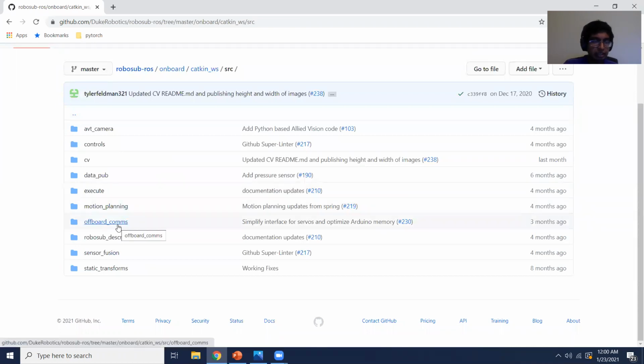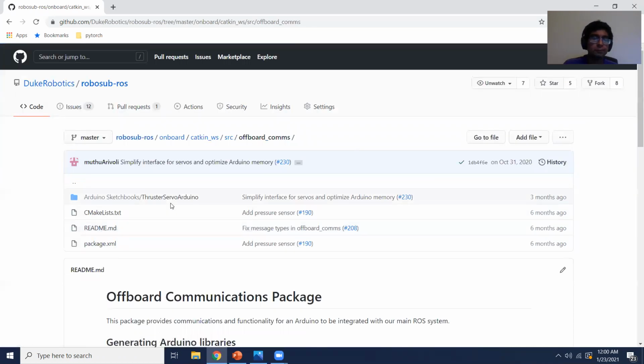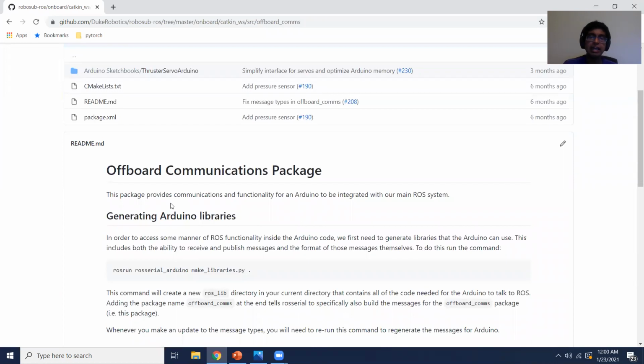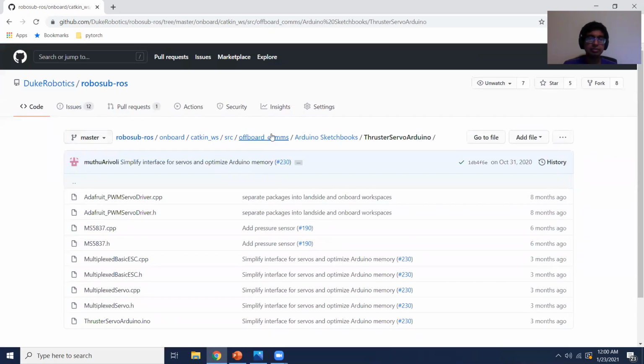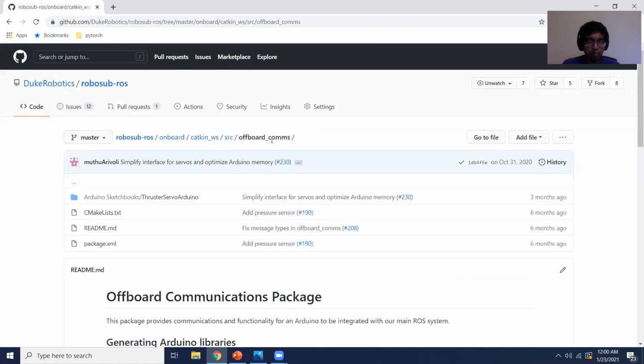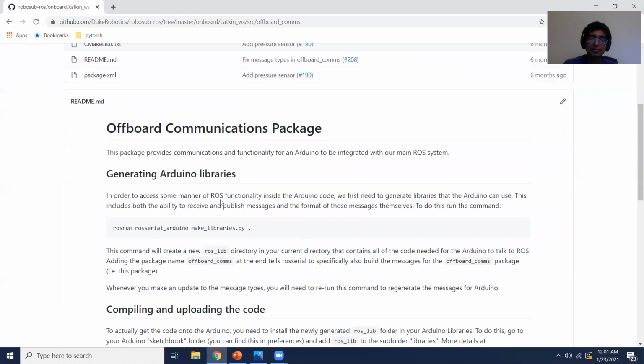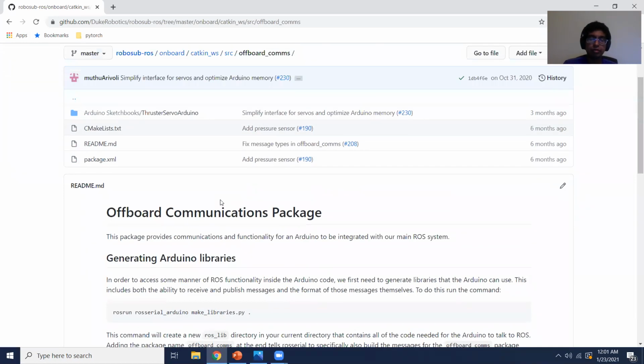Another package we maintain is offboard comms. This is where our Arduino code lives. The Arduino code located here contains the basic code that we upload to the Arduino, and it's basically a standard ROS node on the Arduino that executes, and it's able to subscribe and publish to topics.